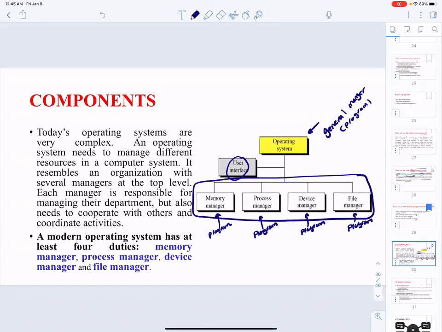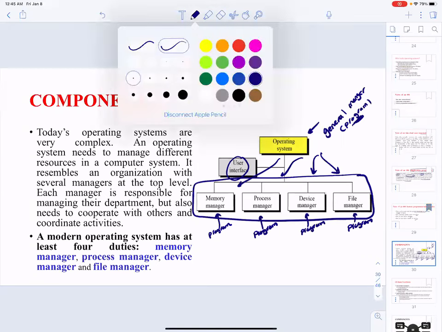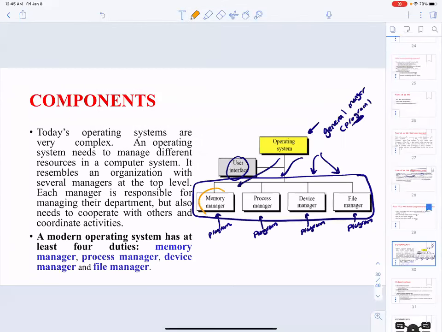The operating system, we look at it as the program that provides the responsibility of managing those managers. Each of those managers itself is responsible for managing their own department. When I say department, that means their own area of assigned tasks. So memory management, for example, is only responsible for managing the memory.